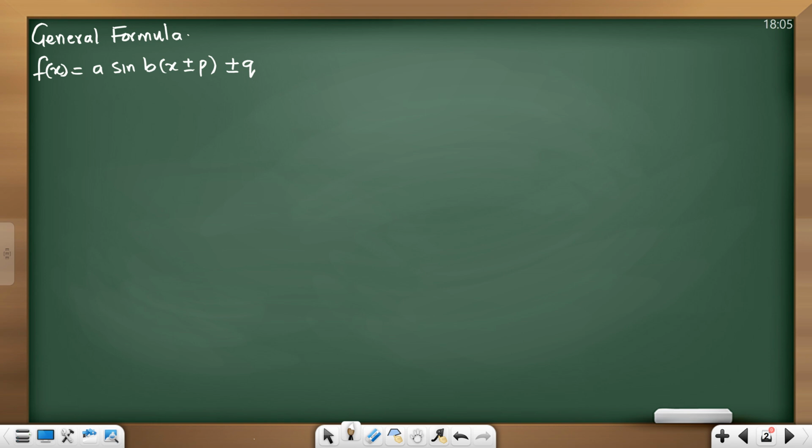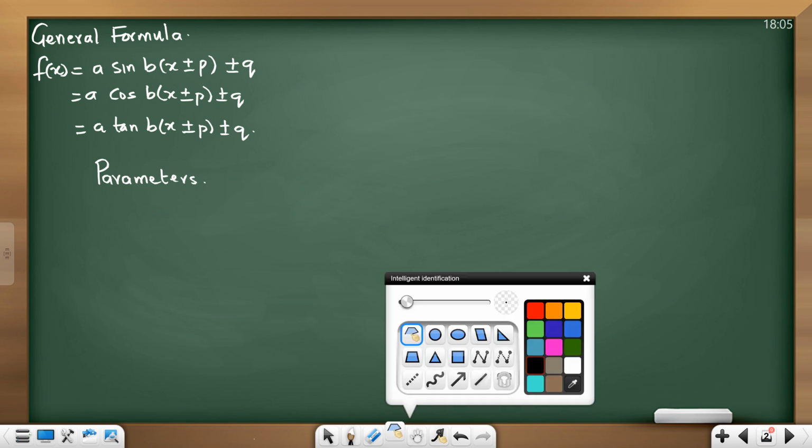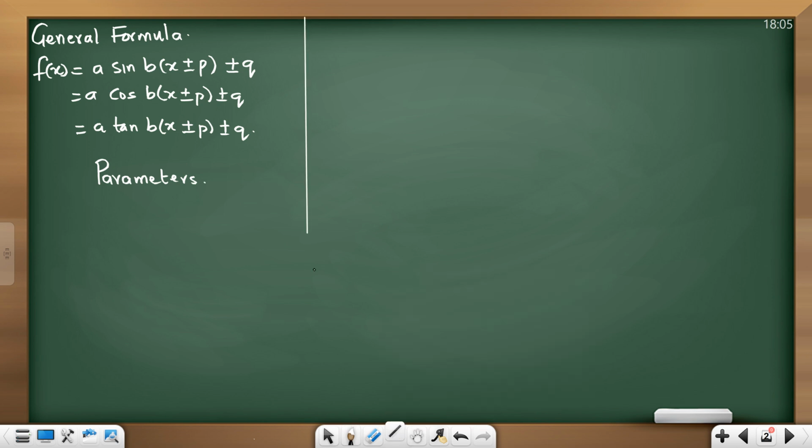Q. So we could also have this as A cos B x plus or minus P plus or minus Q. We could also have A tan B x plus or minus P. Now we are going to look at the parameters that are labeled here, one after the other. You miss this, you struggle.